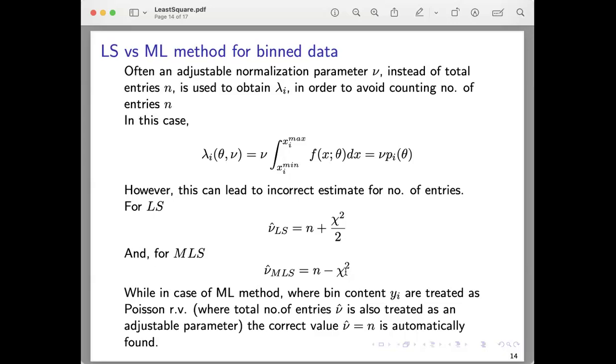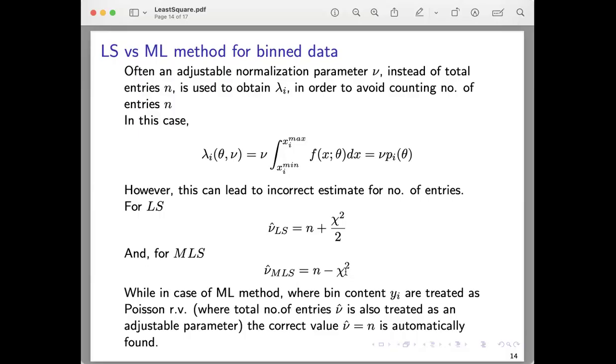Now you know that if you have n bins, from each bin you get a contribution of 1 to chi-square, right? So if you have, say, 20 bins, chi-square will be 20 minus the number of parameters and so on.